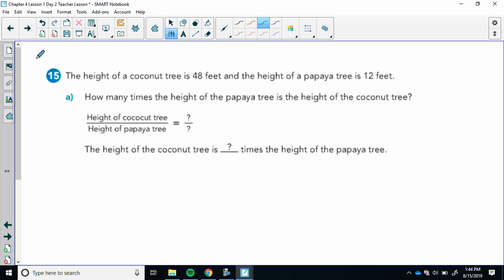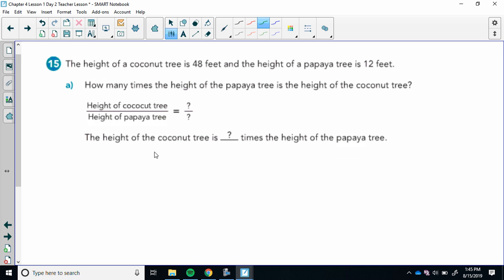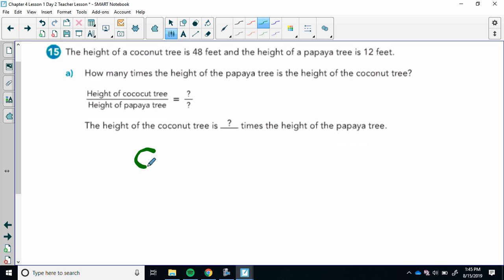The height of a coconut tree is 48 feet, and the height of a papaya tree is 12. So coconut, papaya, so it's 48 to 12. That's not your answer, but that's what they are if you were writing the ratio. How many times the height of the papaya tree is the coconut tree?